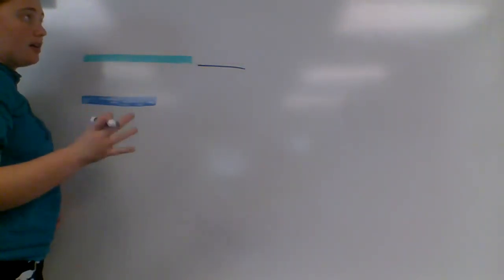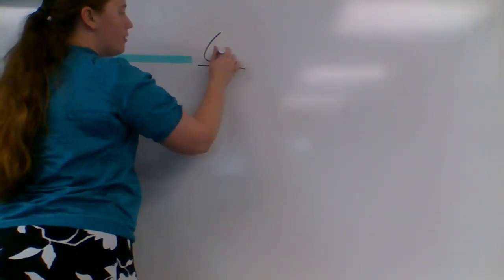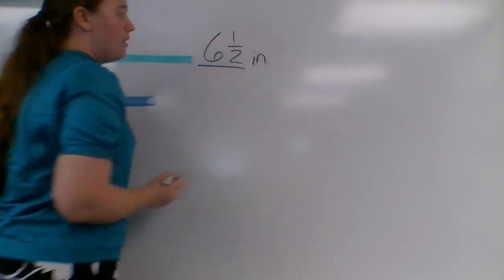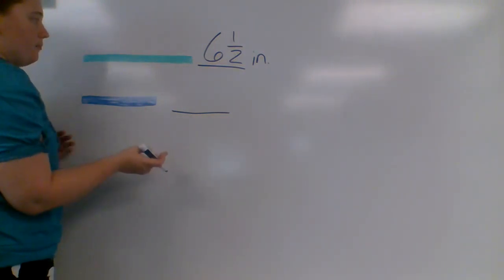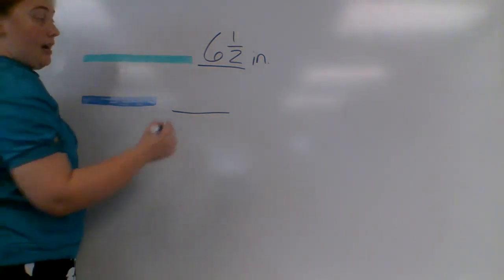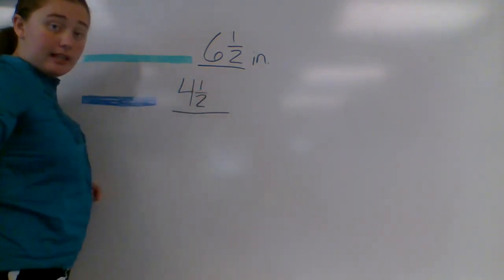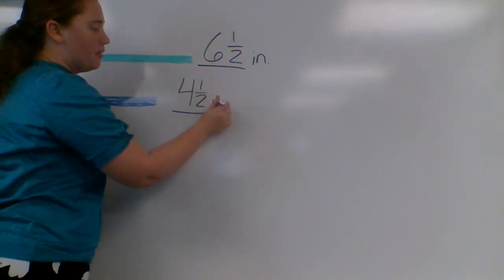So if this was, let's say, 6 1/2 inches, and if this was 4 1/2 inches. This is just an example. This is not how long those lines in your book are. This is just me giving an example so we can see what we're doing.